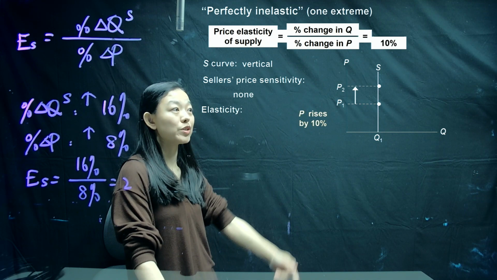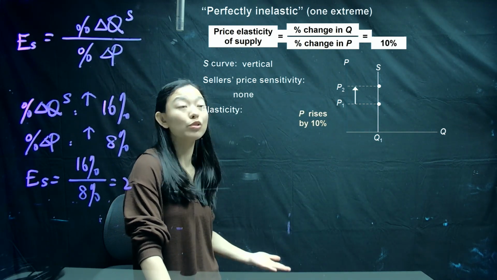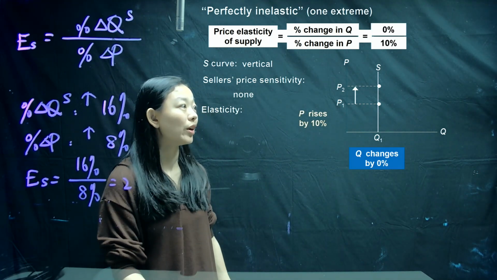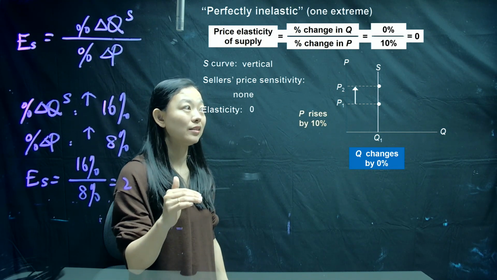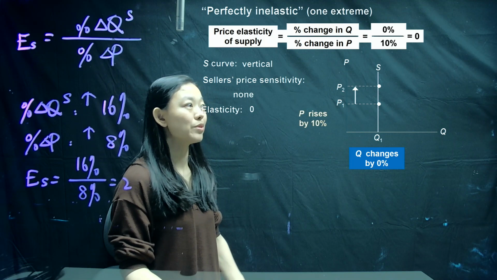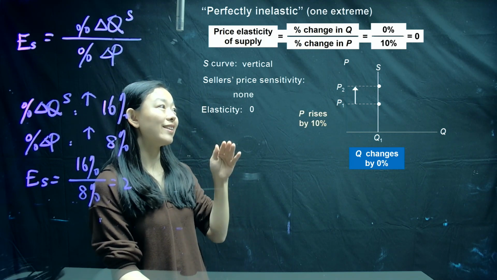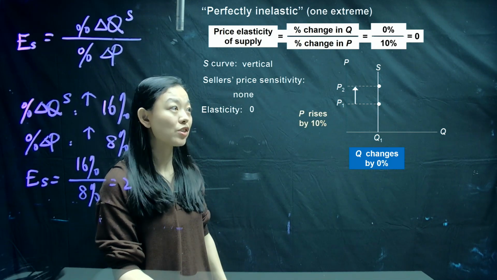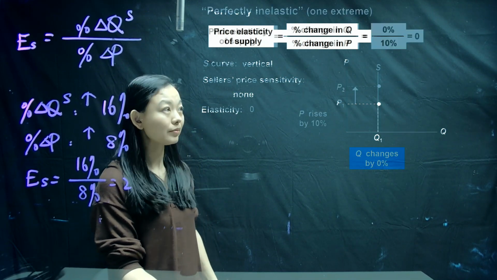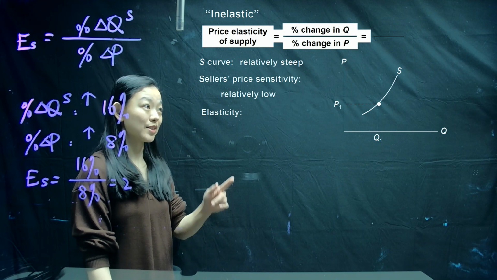Even if the price increased by 10%, nothing changed in quantity supplied. Therefore, in the perfectly inelastic case the elasticity equals 0, and the supply curve is a vertical line. Nothing changes in quantity.